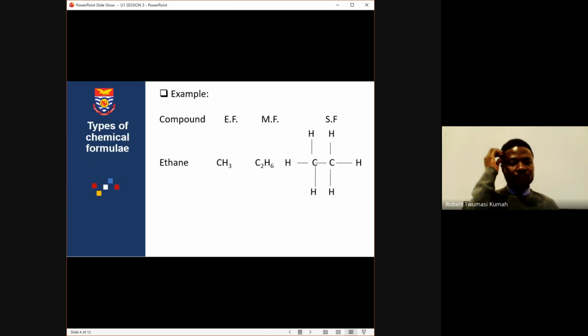So I want you to start with glucose. You'll give me the empirical formula and molecular formula. Maybe you cannot type to show the structural formula of the glucose. So just give me the empirical formula and the molecular formula of glucose.